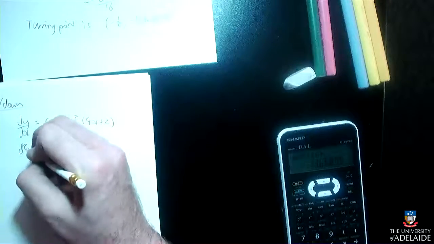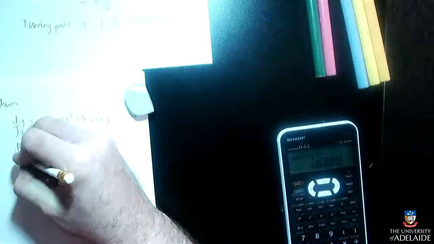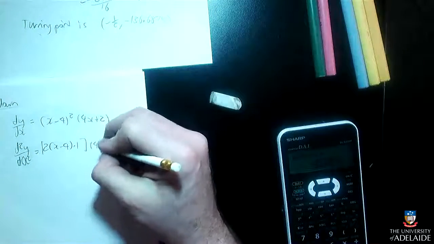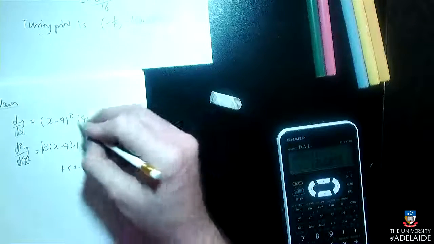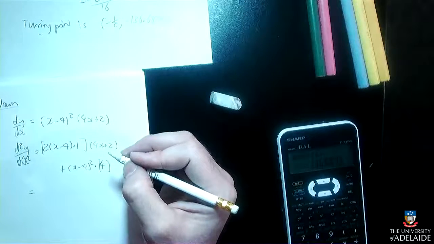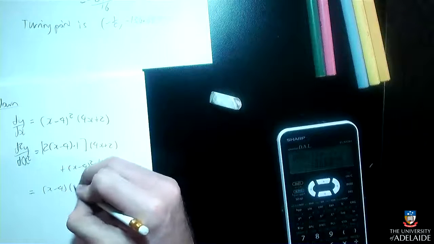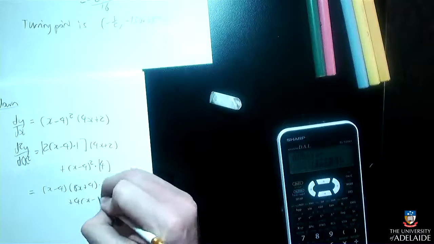So the second derivative: 2(x minus 4) times 1, that's the derivative of that first bit, and then I'll keep the (4x plus 2), and then I'll keep the (x minus 4) squared and differentiate this bit, which would be 4. I guess that's an (x minus 4) times (8x plus 4) plus 4, lots of (x minus 4) squared.